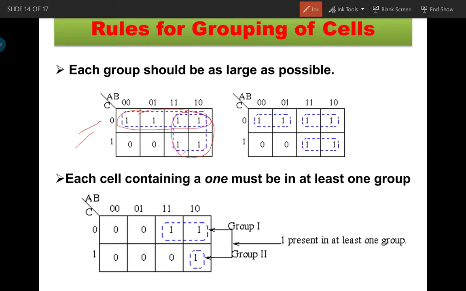This means that these two are overlapped. So this is another rule, that overlapping is possible. If we can make a large group by overlapping, then it is always possible. So always remember that overlapping for making a large group is always possible.